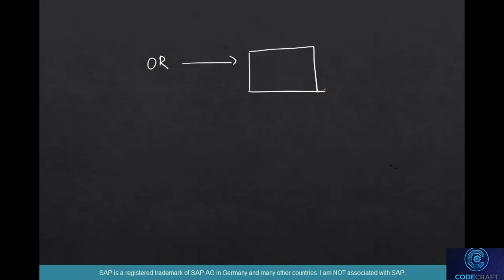And each output determination procedure contains a number of outputs. And each output is linked to a program. And if you put a breakpoint in this program, then there is a high chance that you might hit that little program section when you execute an output.